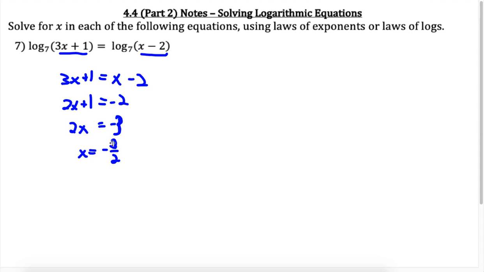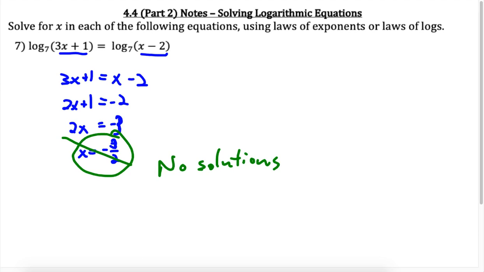So if I plug that back into my original problem, 3 times negative 3/2 would be negative 9/2, plus 1 would be negative 7/2. I can't have that. I can't have a negative value on the inside of any logs. As soon as I see it creates a negative value inside of any log, that is extraneous. So in this case, this problem has no solutions.